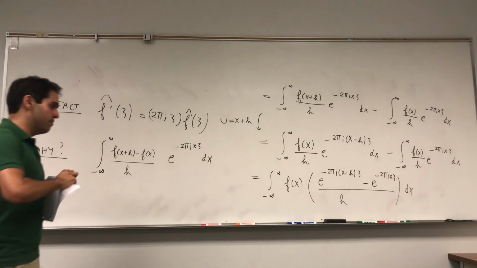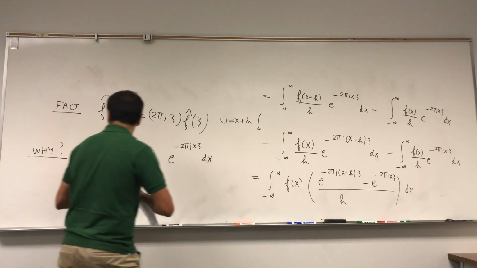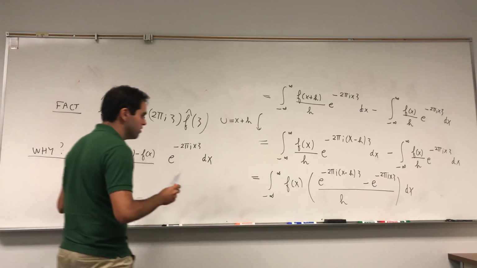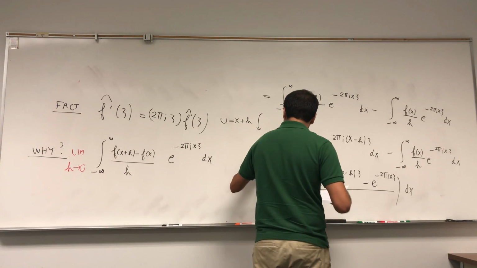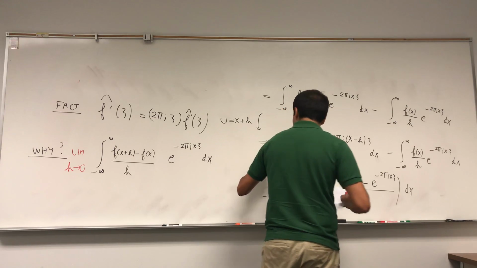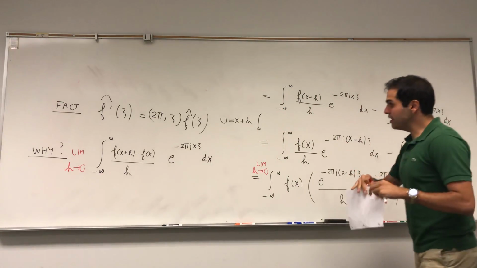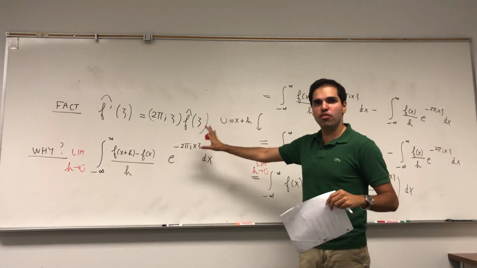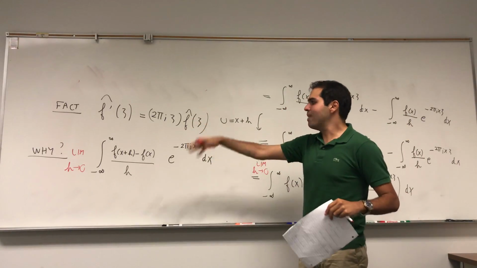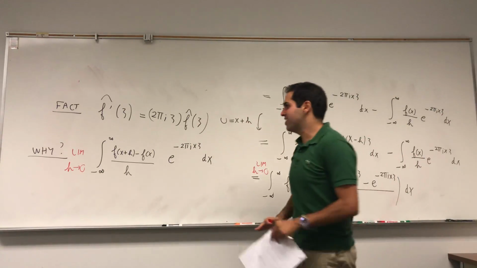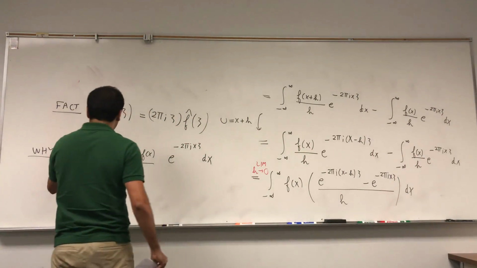Now let's take the limit. If you take the limit as h goes to 0 of this, you get the limit as h goes to 0 of this. And as I said, this function is perfectly smooth, perfectly nice. Assume f is also perfectly nice and zero outside a finite set.